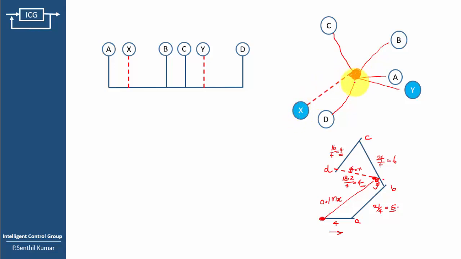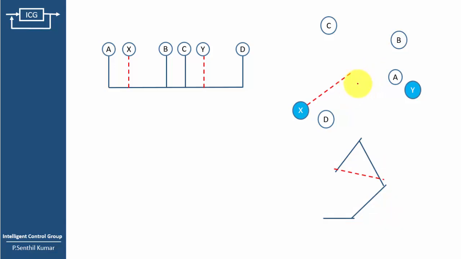Now you measure the distance. Actually the distances are placed like this. A, this is X, B, C and D. You measure this distance.